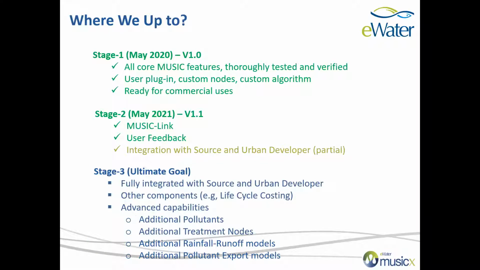Since then, of course, we are gathering feedback from our users and trying to incorporate these things one by one. So version 1 of MusicX included all the key functionality we had in MUSIC Classic 6.3. We have thoroughly tested and verified more than 100 different models with different size, scale, and complexities. And we are very satisfied that MusicX is producing very identical results to MUSIC v6.3.